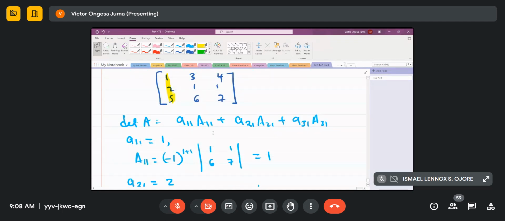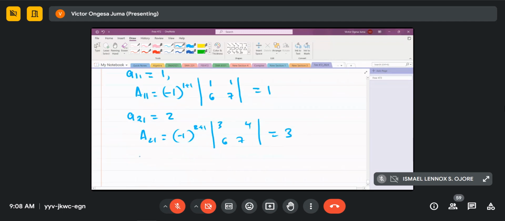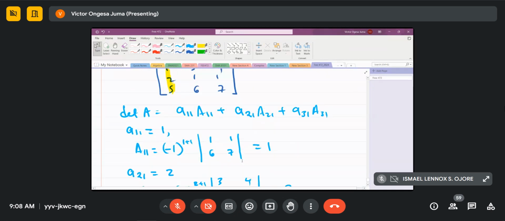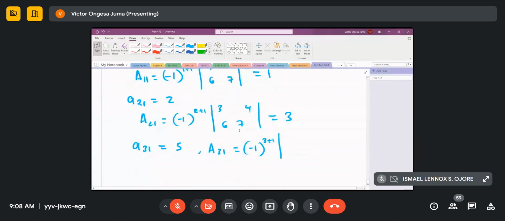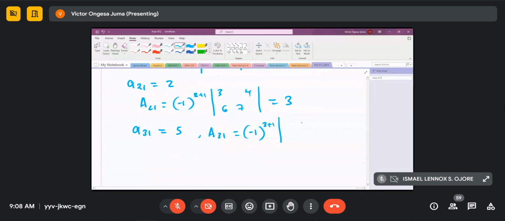And then lastly, we know that a31 is 5. Now what is A31? It is (-1) raised to i plus j, so 3 plus 1, times the determinant of the matrix obtained by deleting the third row and first column. So it will be 3, 4, 1, 1.